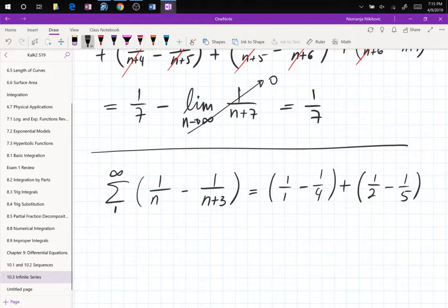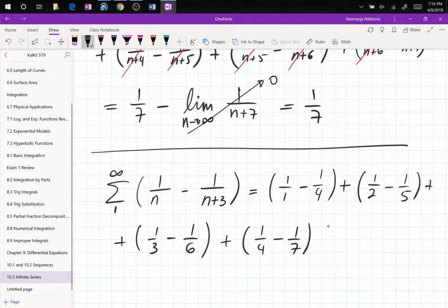On the next one? Not yet. Plus 1/3 minus 1 over 6. Nothing is canceling. It should now. Plus 1/4 minus 1 over 7. That's where it starts canceling, right?